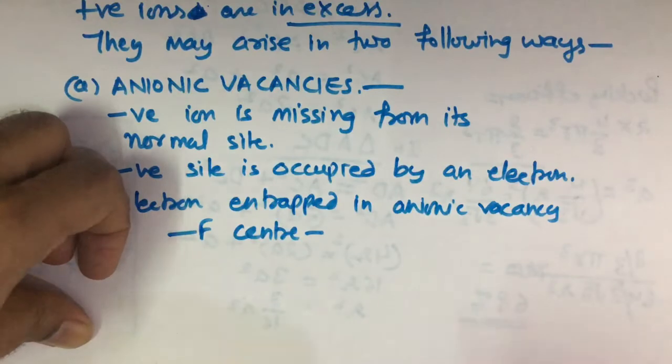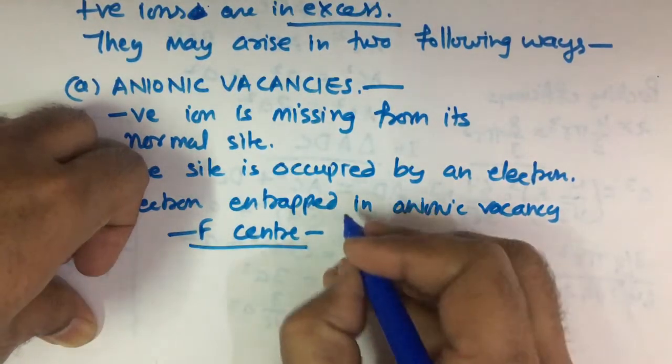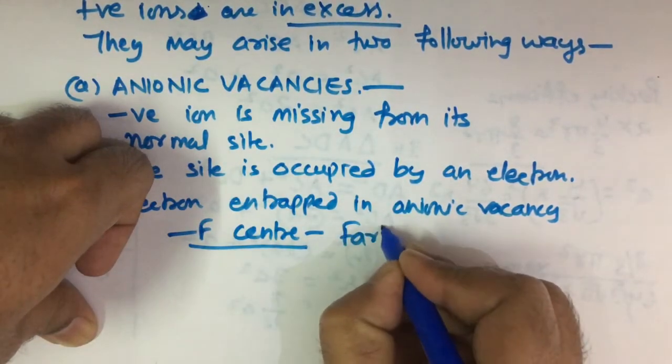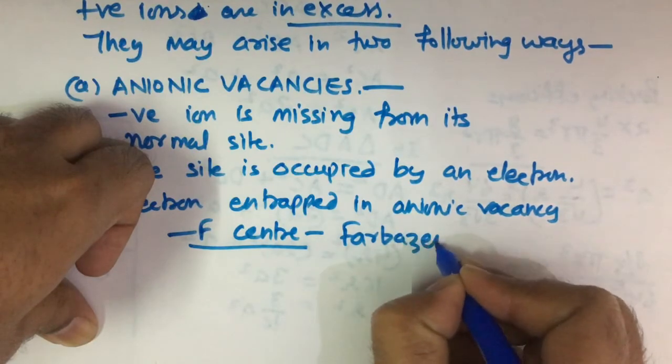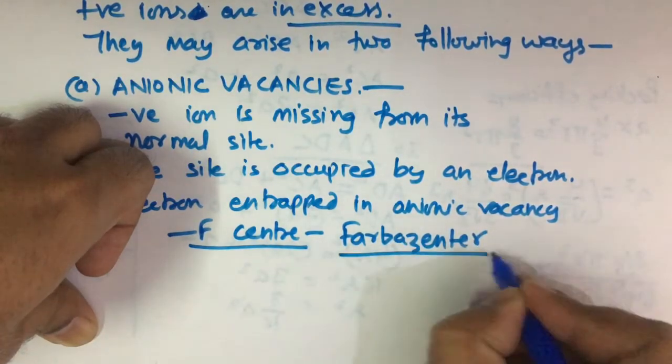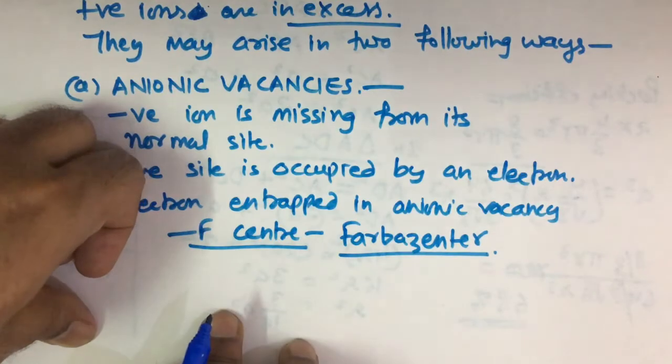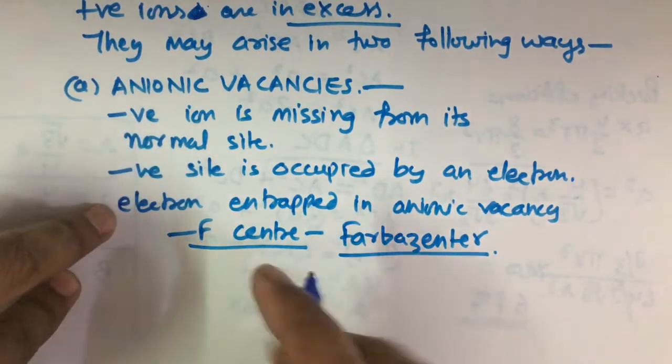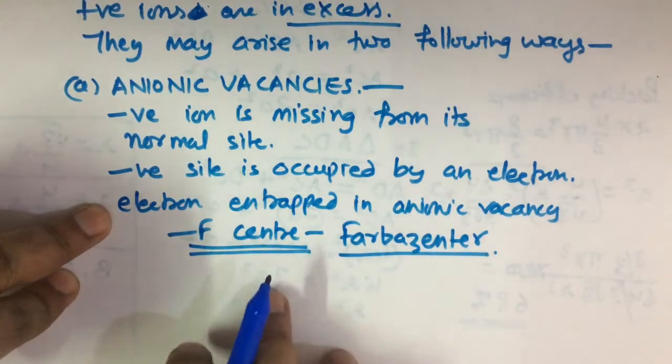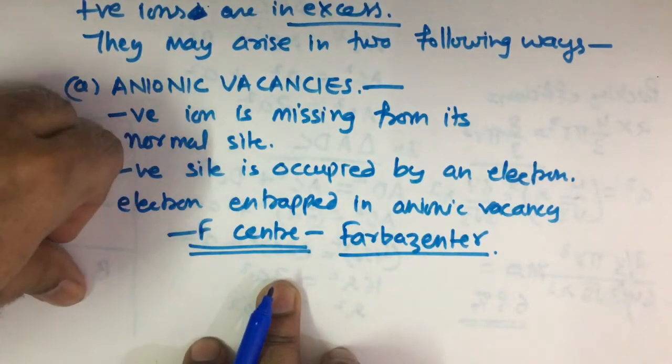F center originated from a German word, Farbcenter, that means a color center, and this F center is responsible for providing the color to the crystal.